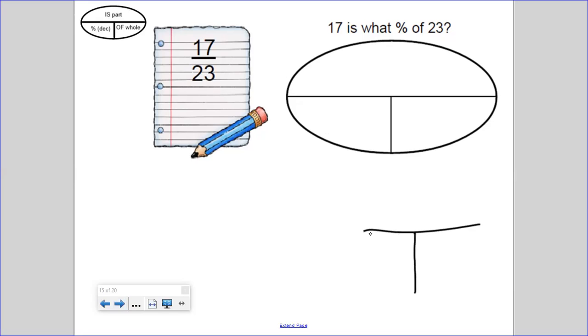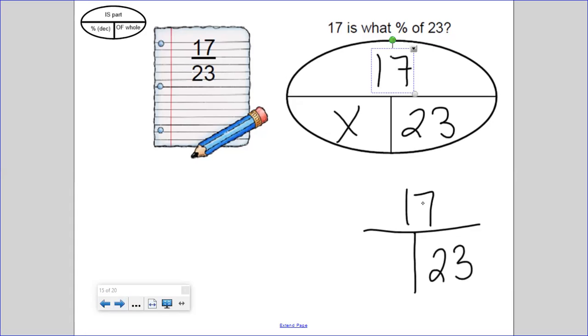We're missing the percent, right? So we don't know what this is. We know there's 23 questions total. And we know we got 17 right. The numbers are on top of each other, so we divide. 17 divided by 23 is 0.73. And there's some more numbers, but I'll stop right there.